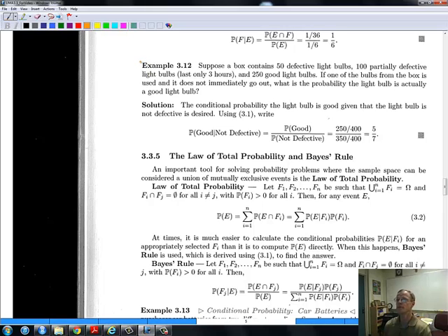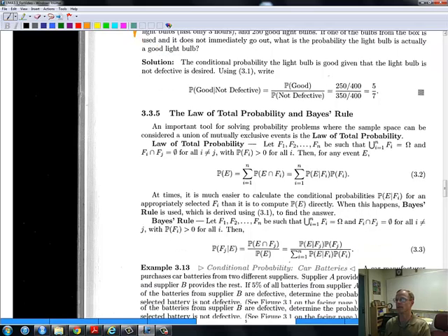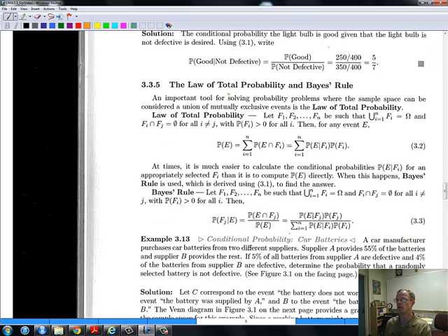Same thing for this next example with the light bulbs, 3.12. You can do that. So I'm going to have you work through that one, and we're going to do one more thing here together: the law of total probability and Bayes' rule.